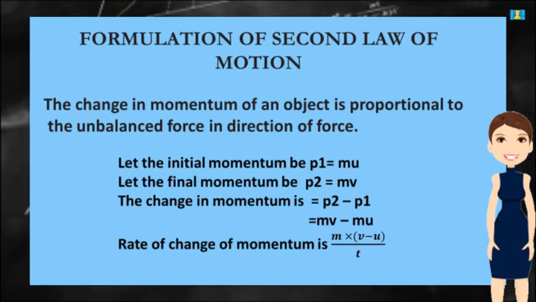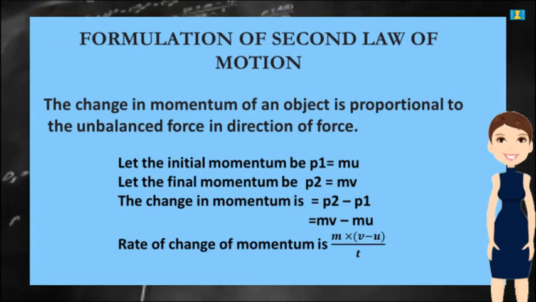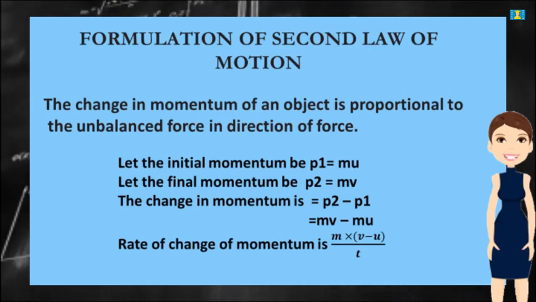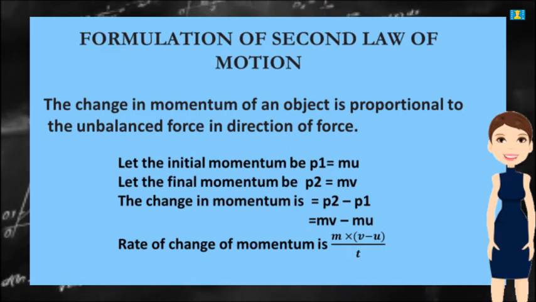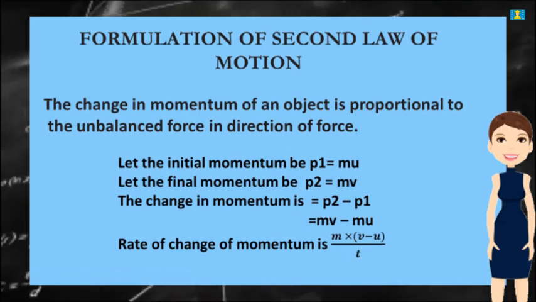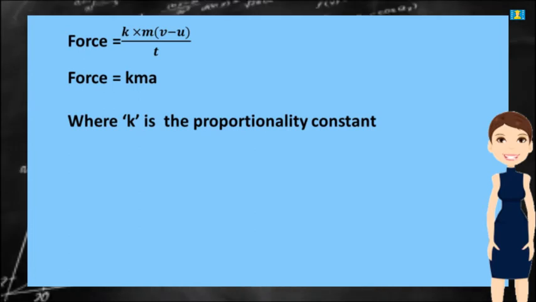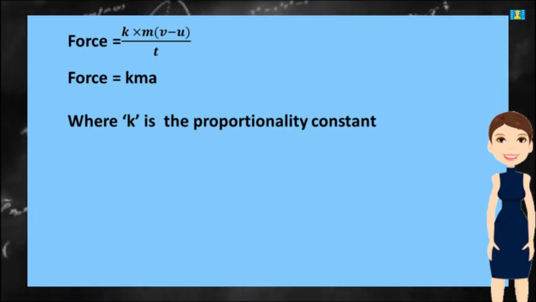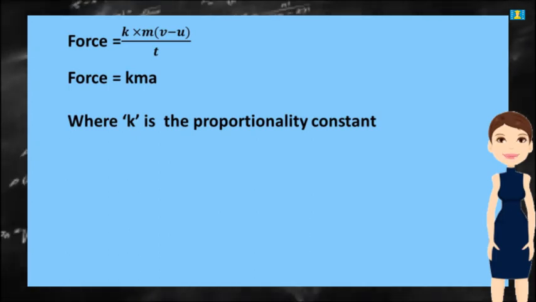The change in momentum is P2 minus P1, that is equal to mv minus mu. The rate of change of momentum is m into v minus u by t. Force is equal to k into m into v minus u by t. Force equals kma, where k is the proportionality constant.